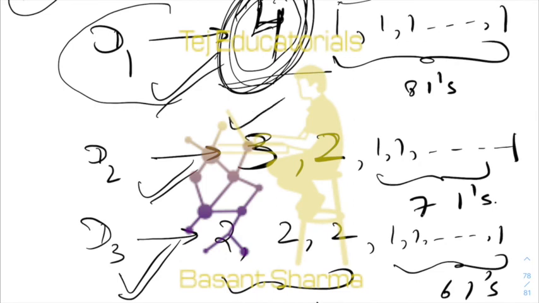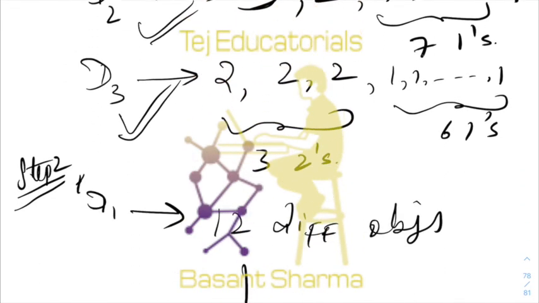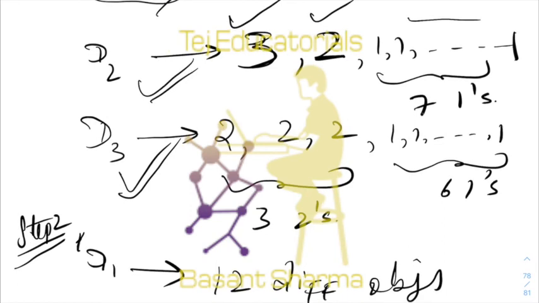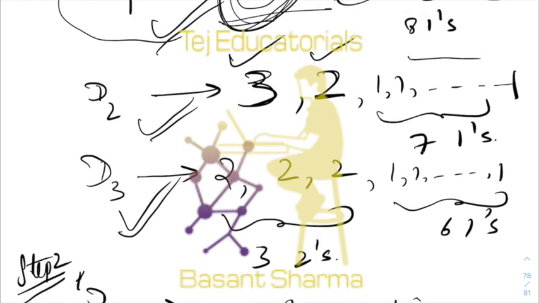Then 3 objects to 1 person, 2 objects to another person, and the remaining 7 objects to 7 people, and so on. This step 1 is just the foundational step.